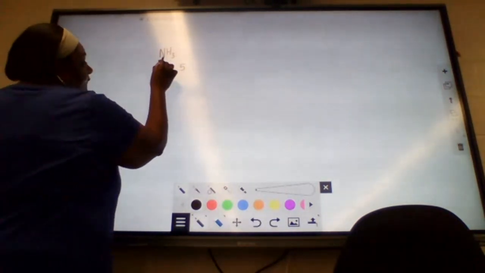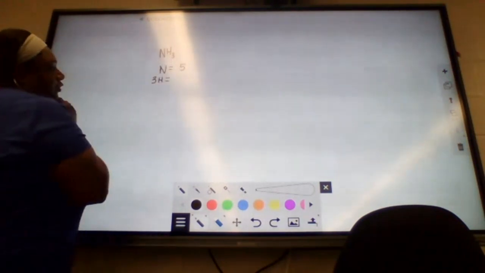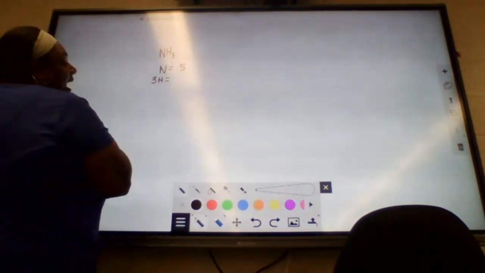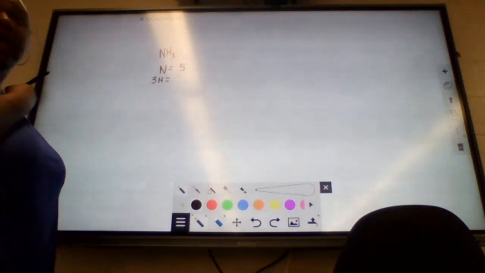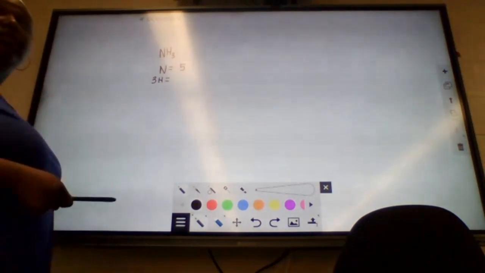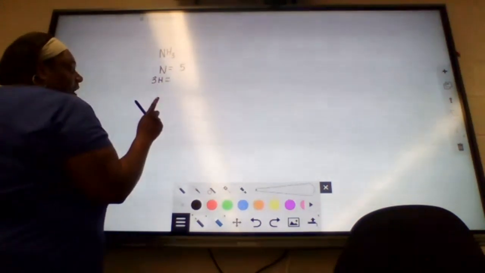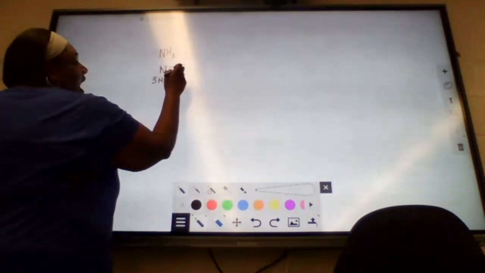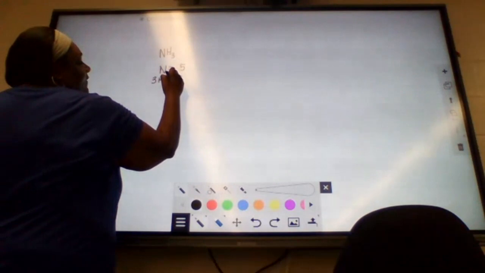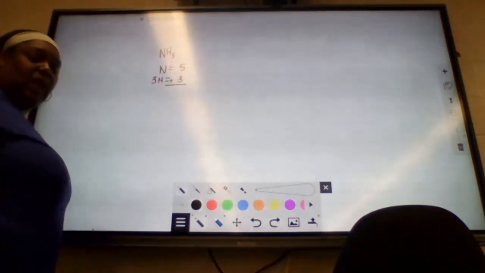I also notice from my formula that I have 3 hydrogens, and so I need to determine how many valence electrons hydrogen has. And I know that hydrogen's in column 1A, which means that one hydrogen has 1 valence electron, so 3 hydrogens have 3 valence electrons.